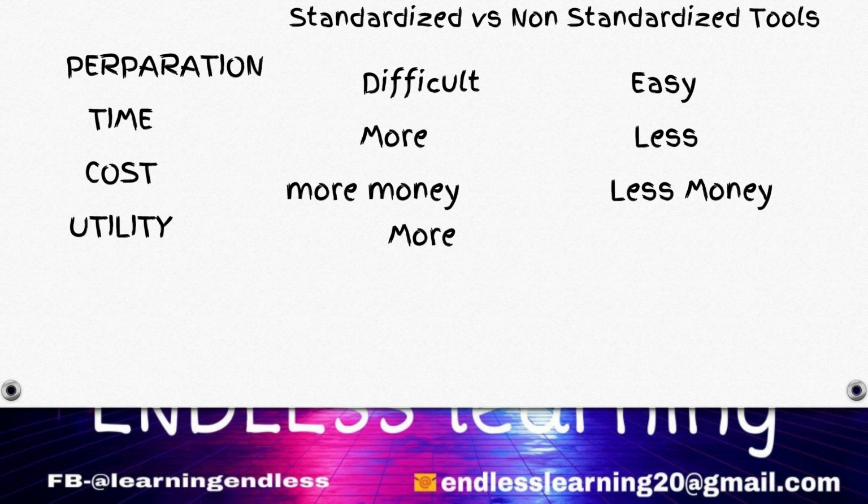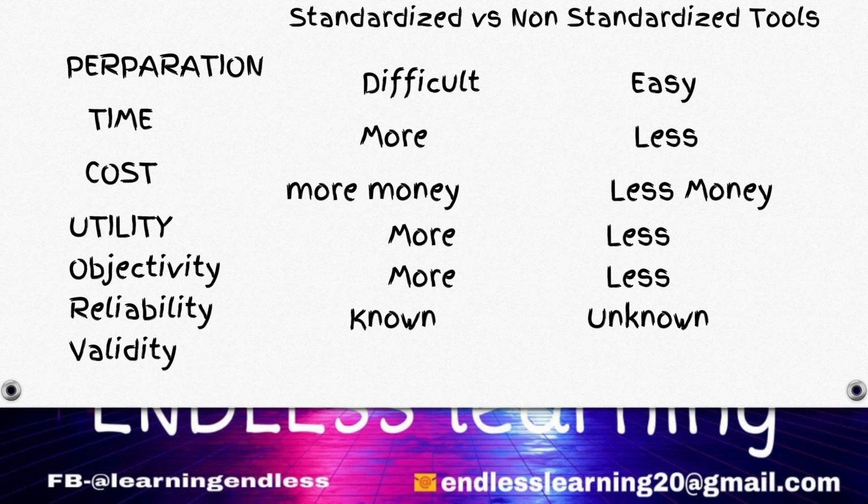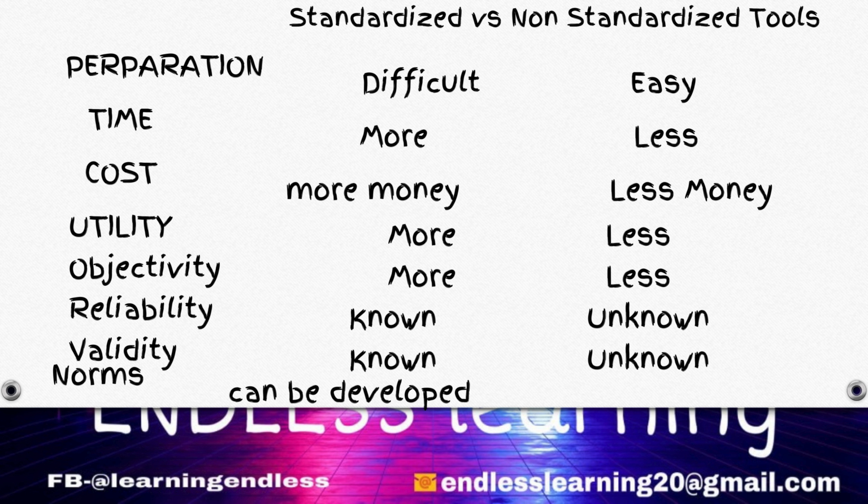Standardized tools are more useful and more objective than the non-standardized tools. They have more reliability, or we can say we know the reliability of the standardized tools, but we don't know the reliability of non-standardized tools. In a similar way, we know the validity of the standardized tools, but we don't know the validity of non-standardized tools. We have developed norms for the standardized tools, but no norms are developed for the non-standardized tools.